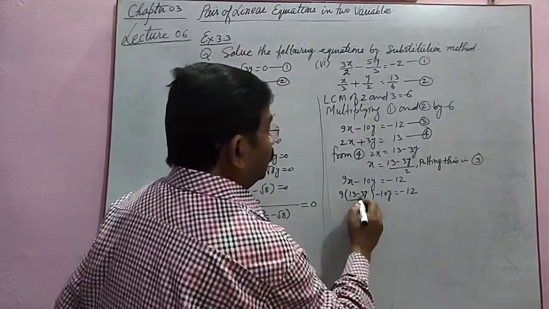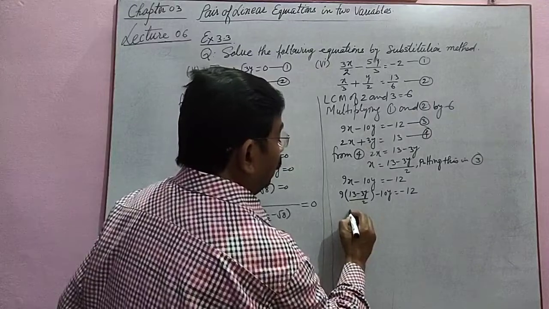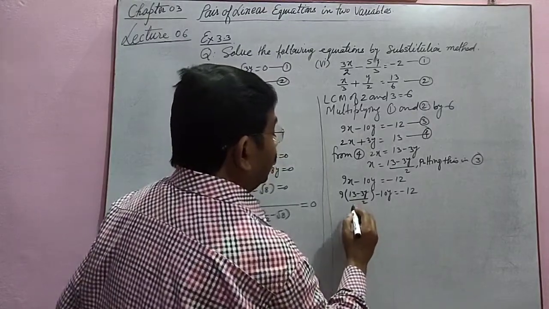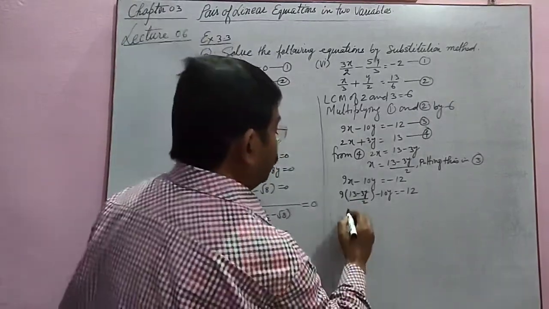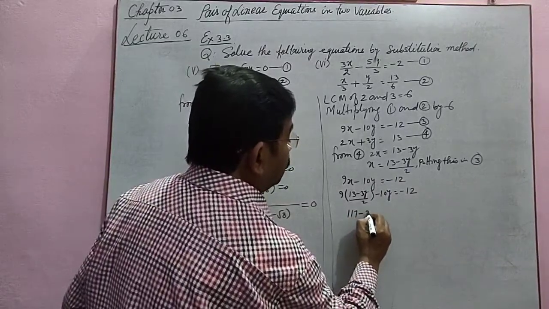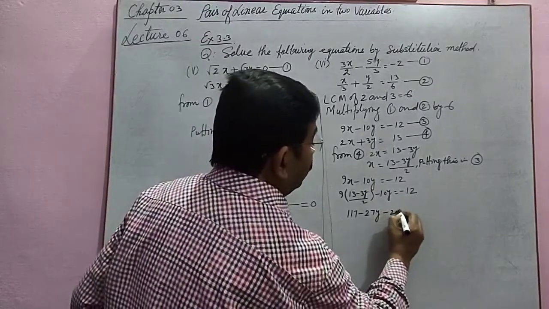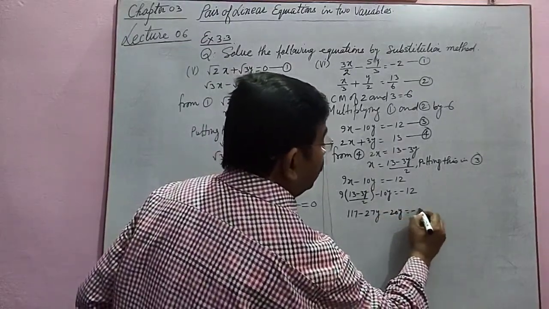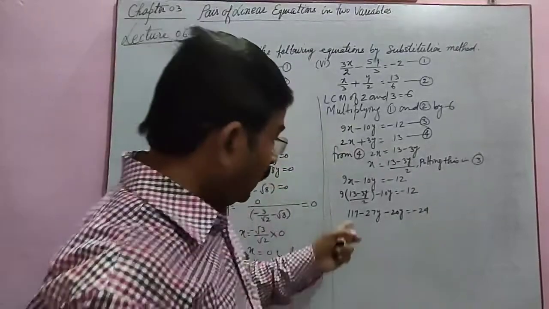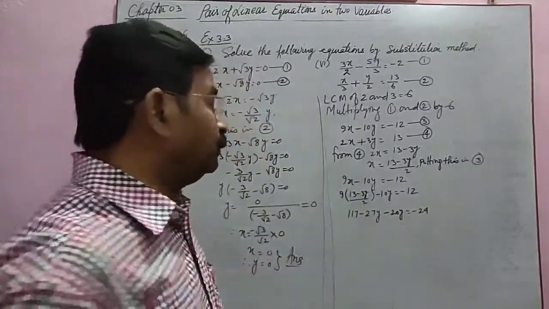So we have 13 9s are 117. 117 minus 27y minus 20y is equal to minus 24. What I have done? I have multiplied the whole equation by 2 because LCM is 2.